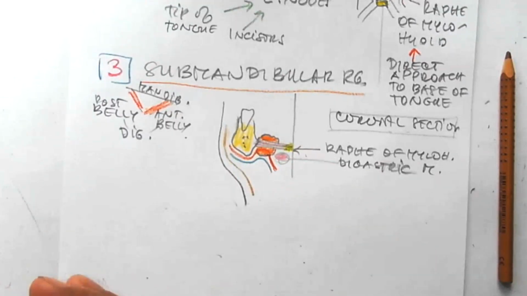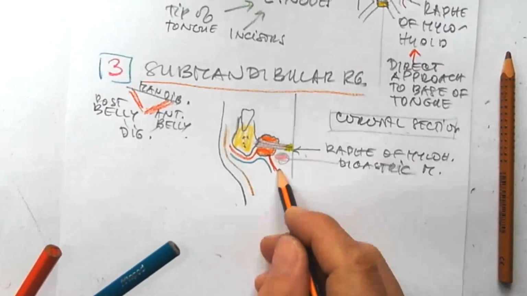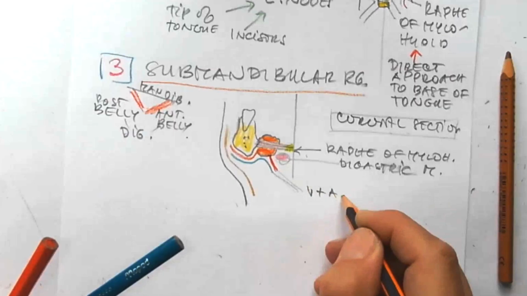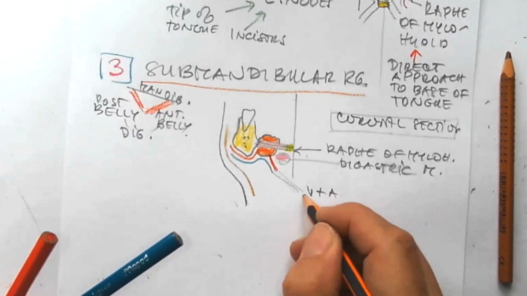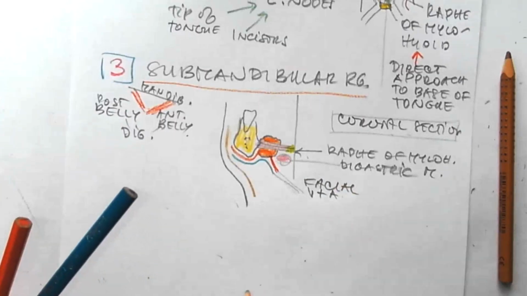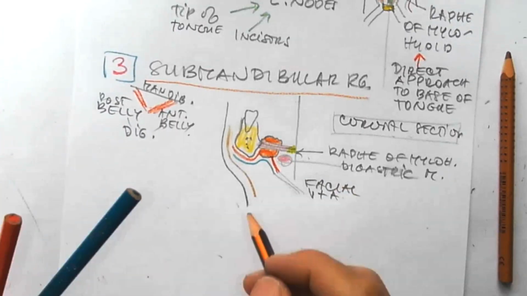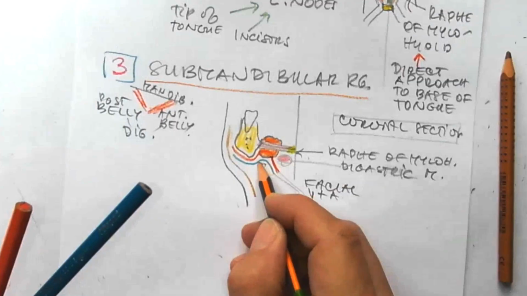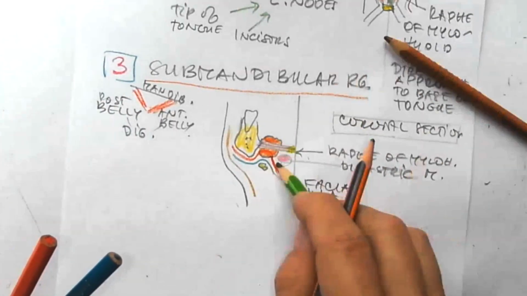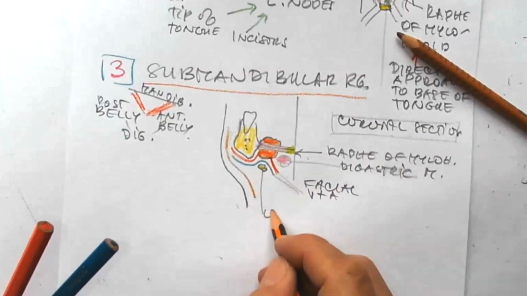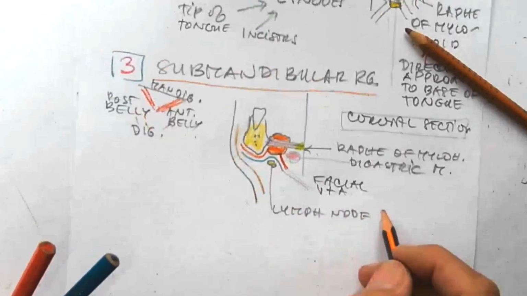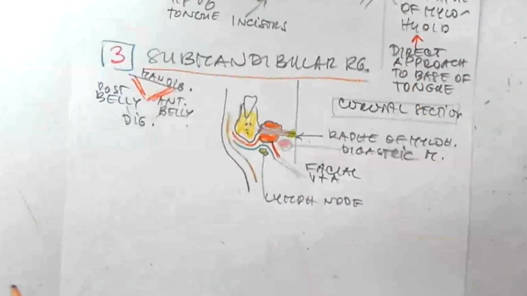So what we see here in the submandibular region are the facial vein and artery. Also we can draw one of many lymph nodes. They are situated here and also deeper, just lymph nodes, because they are the important submandibular lymph nodes.